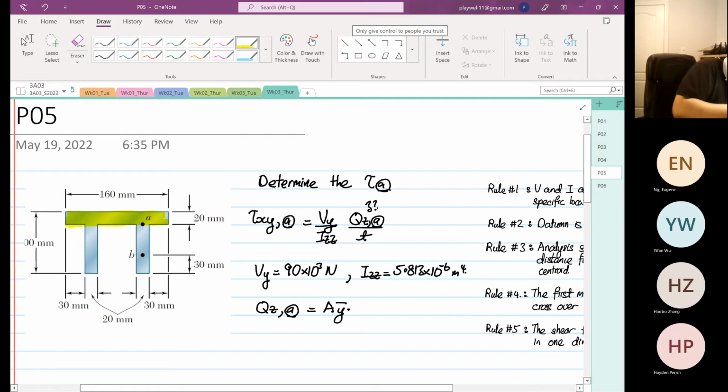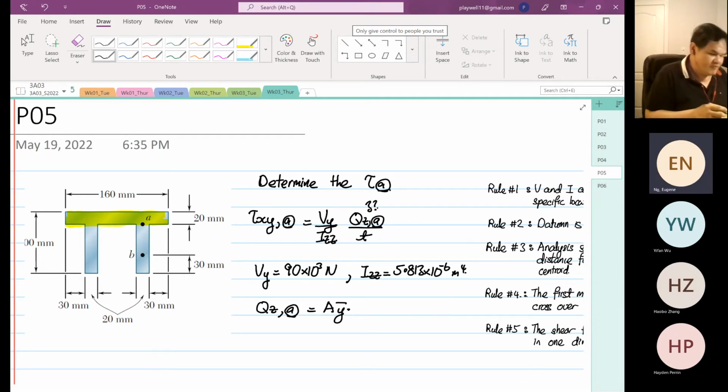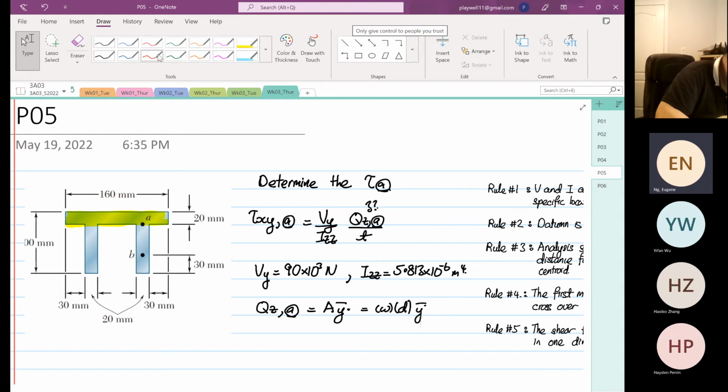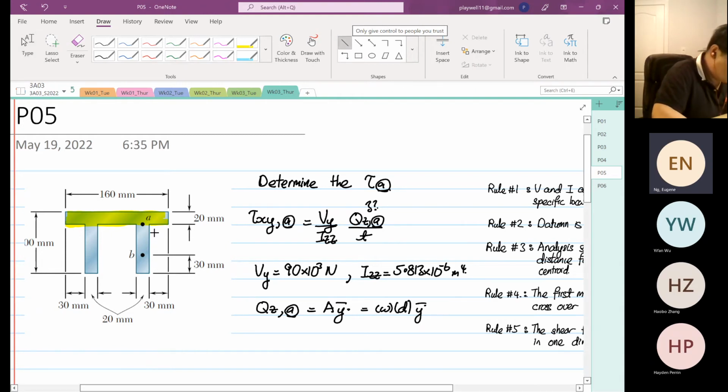So I like to do that: width multiplied by depth multiplied by y bar. And we already know where the global centroid is. The global centroid is somewhere around here. We know that the distance from here to here is 35 millimeters. So this is our centroid.